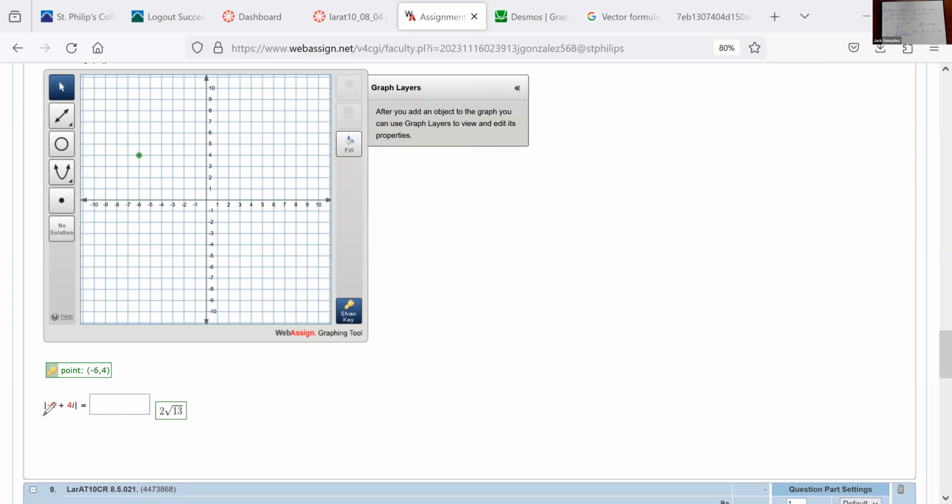Here they have a magnitude, and magnitude is still the same. Remember we said magnitude will be the square root of this piece plus this piece.